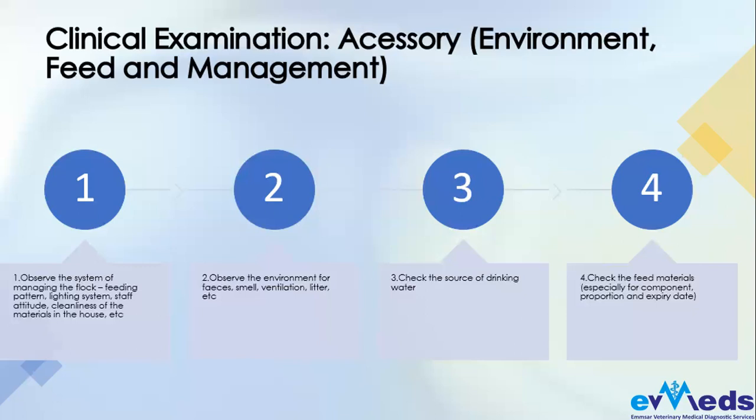Try to look at the components, then check the proportions of what they are compounding, and then check the expiry date, because some of it might have expired and they may still be using it just because they don't want to dispose of it. So all of those are things you should check.